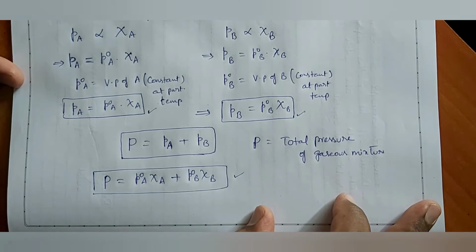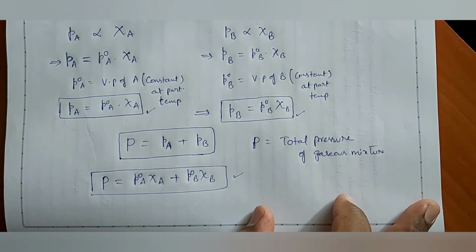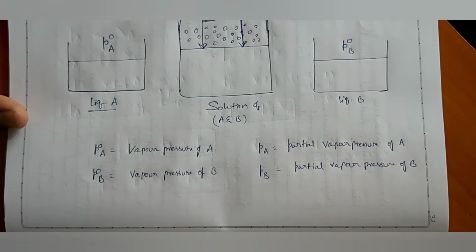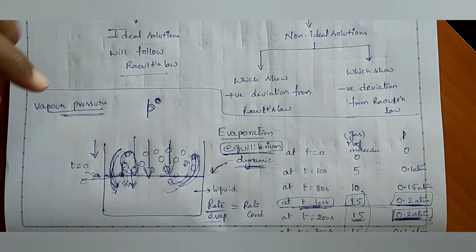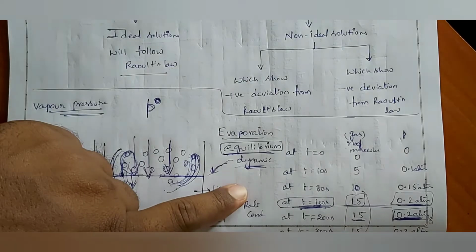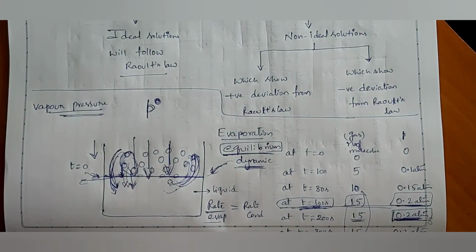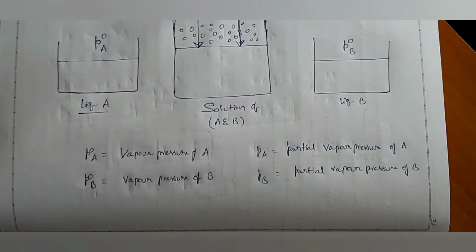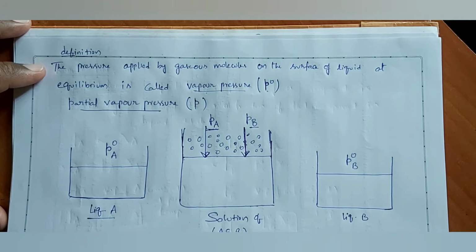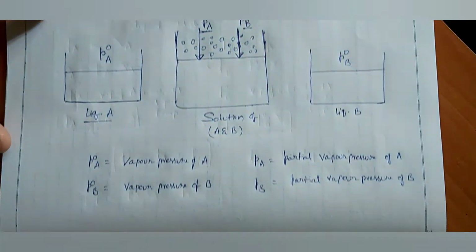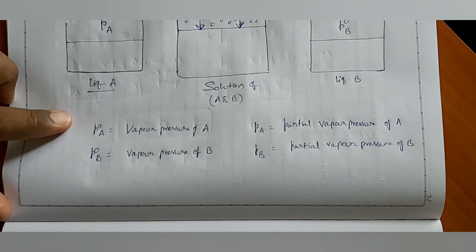Till now, is it clear, all of you? So in today's class, we started with types of liquid solutions, and particularly I talked about vapor pressure, with a clear explanation. After that, we have seen the definition of vapor pressure. After that, partial vapor pressure also we have seen, and the terms.